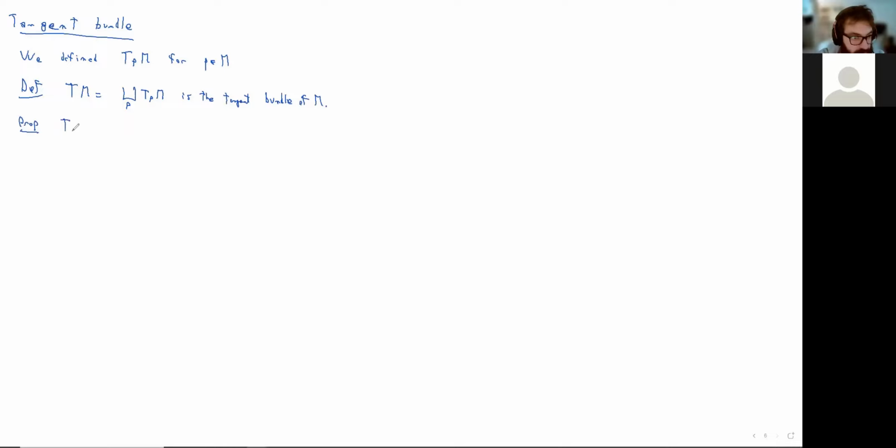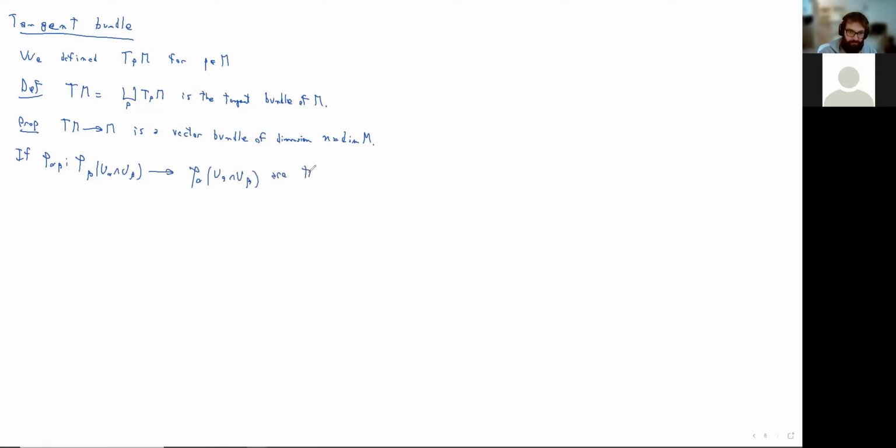And proposition: TM into M is a vector bundle of dimension equal to the dimension of M. And furthermore, if phi alpha beta, from phi beta of U alpha intersected U beta to phi alpha of U alpha intersected U beta, are the transition maps for M. Yeah, so this phi alpha and phi beta are the local charts.